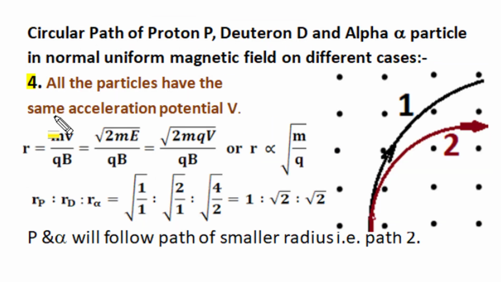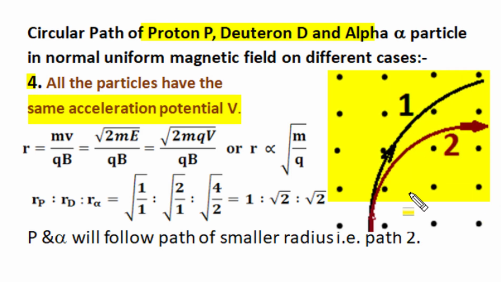In this fourth and last example, three particles proton, neutron and alpha are accelerated by an electric potential of V volt, and after acceleration and attainment of kinetic energy, they enter a uniform normal magnetic field at a 90-degree angle and perform circular motion. Now the radius of circular motion is the ratio of linear momentum of the moving particle divided by the product of charge and flux density.